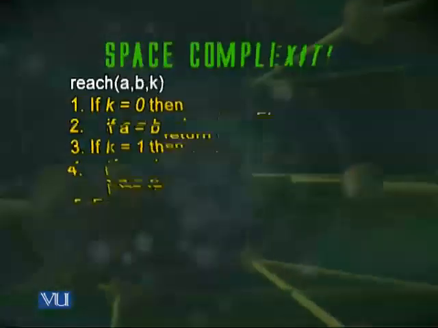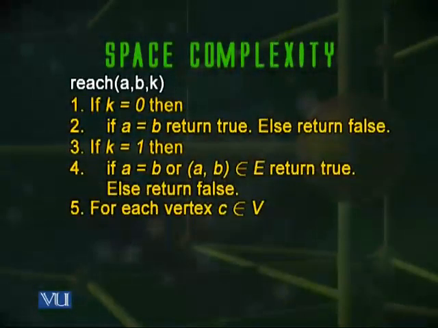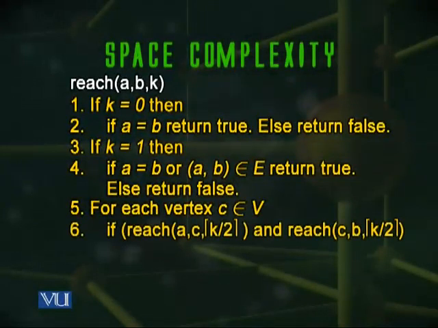Otherwise, we call this function recursively. So if these two cases don't happen, then k must be greater than or equal to 2. Now what we do is we loop through all the vertices in the graph. So C goes through all the vertices in the graph, and we check recursively if we can reach from A to C in at most k over 2 steps, and we can reach from C to B in at most k over 2 steps.